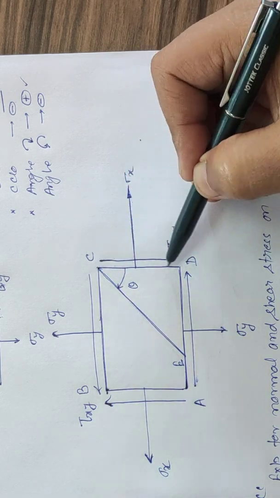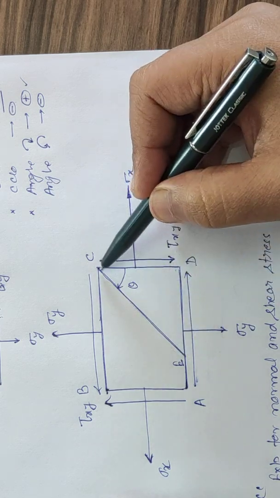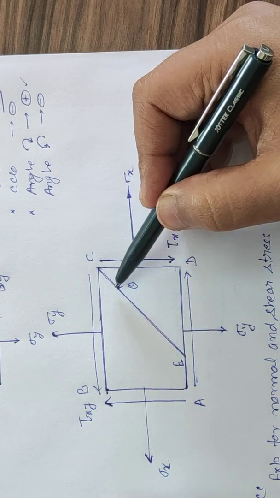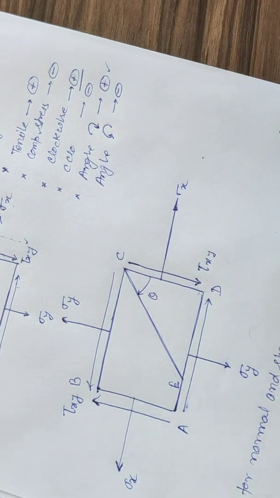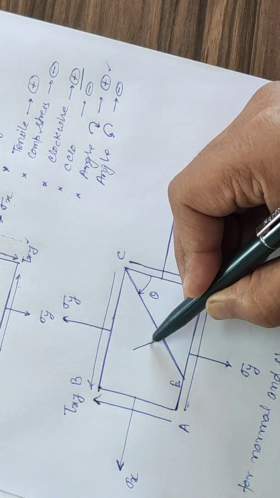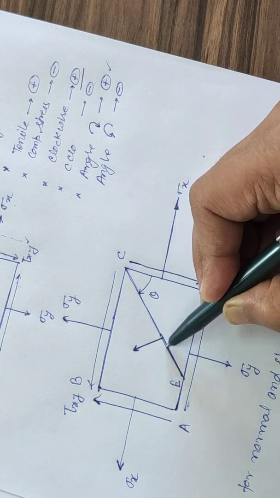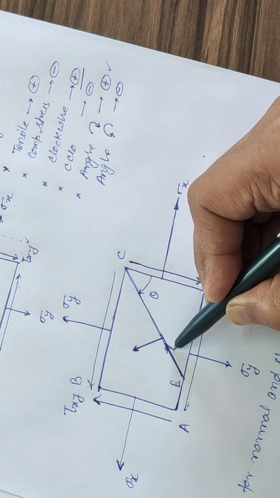So this is the plane CD, and from this plane our plane of objective is making an angle of theta. On this plane we will have normal stress, and on this plane we will have shear stress.